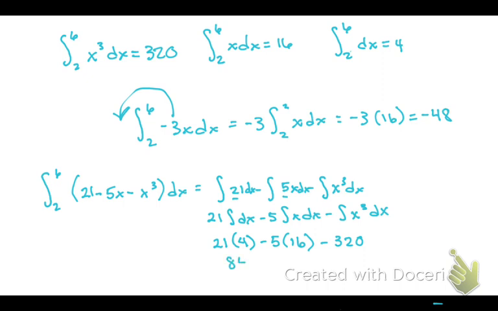So 84 minus 80 is 4, minus 320, so negative 316. So that's how you're going to be doing them. That's not too bad. You have some shapes you have to draw in that, but other than that, it says use the properties. Well, this is how you're using the properties.